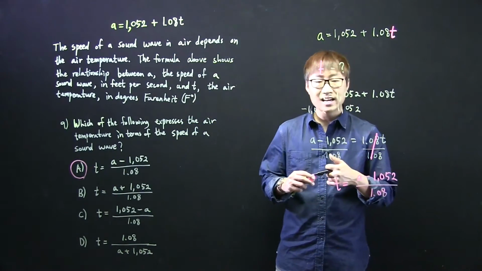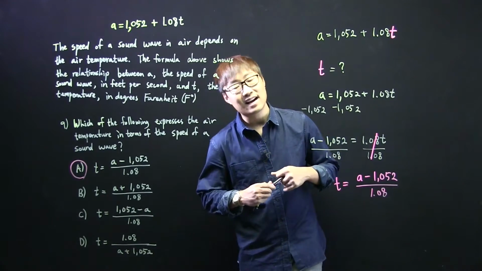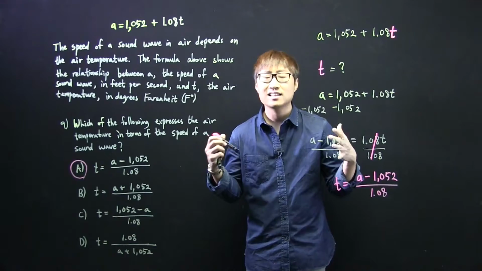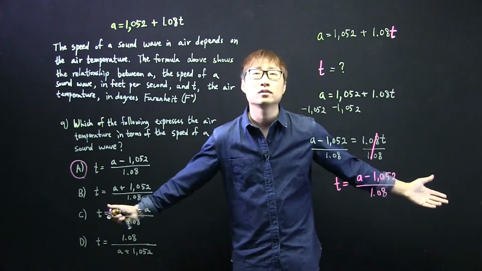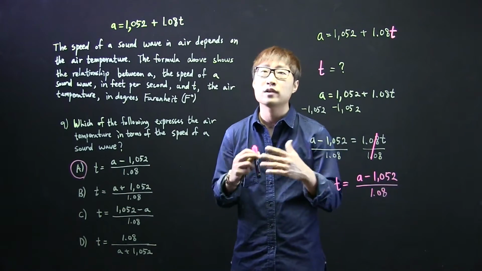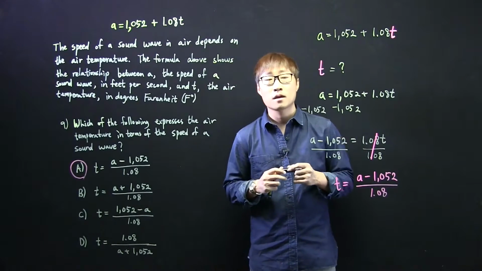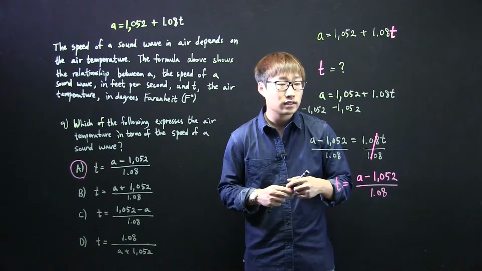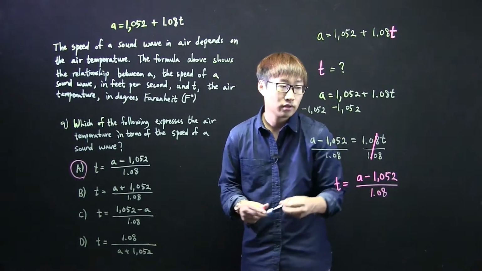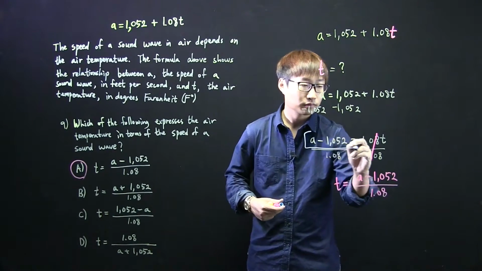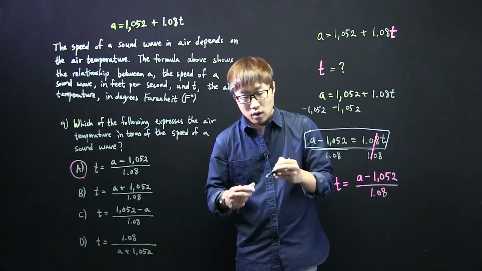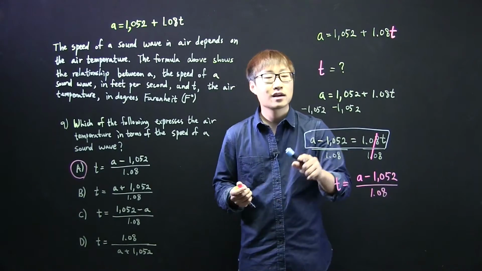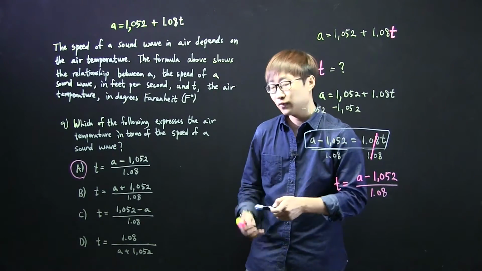Now, let me give you guys a little tip here. Once again, this is a timed test. I keep on mentioning this, right? This is not a test where you're given all the time in the world. You're given only a certain amount of time and you got to finish your test within that time. Check it out. I subtracted 1052 on both sides and I got to this part, right? Whatever my answer choice is, it better include A minus 1052, right?